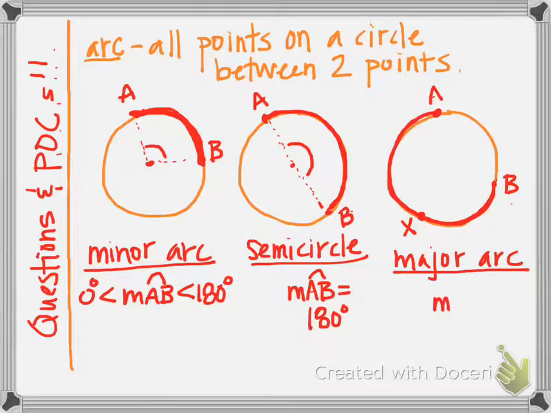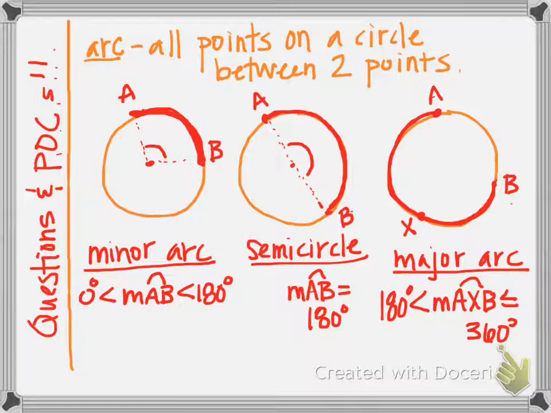The measure of arc AXB, like that. And the extra letter needs to be between the 2 endpoints of the arc. So the measure of a major arc has to be greater than 180 degrees, because if it's equal, it's a semicircle, but it's got to be less than or equal to 360 degrees.